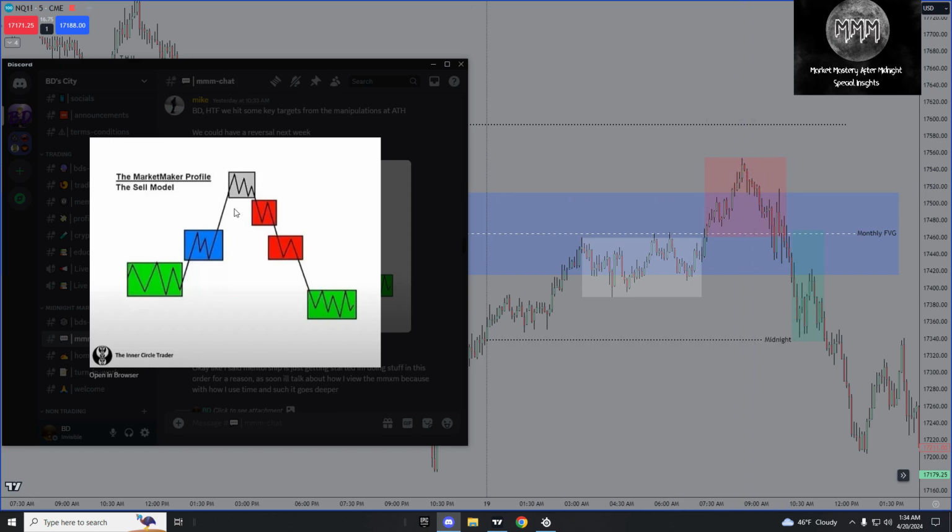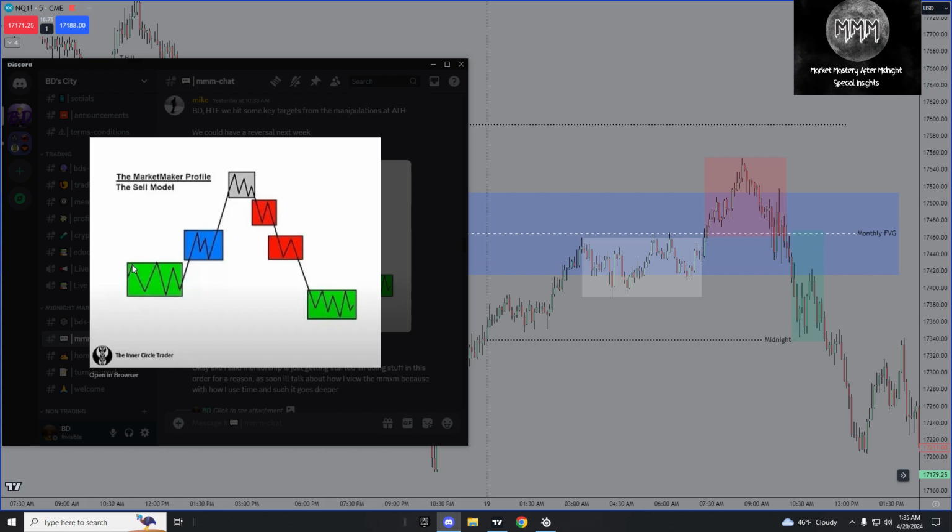ICT has given this image, but he hasn't gone as in depth into it or annotated it like it should be, because there should be your higher time frame key level being hit, and we should see SMT here, and then the market maker sell model can resume, and then obviously add time into it, but that's for another day and another talk.